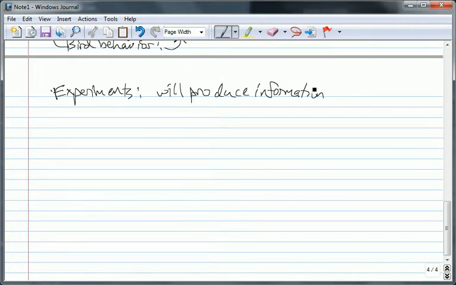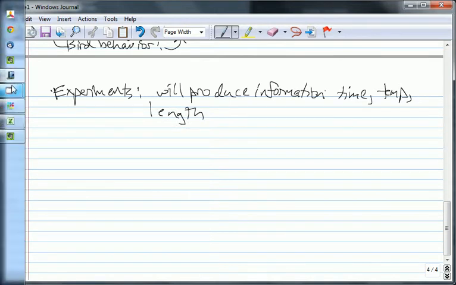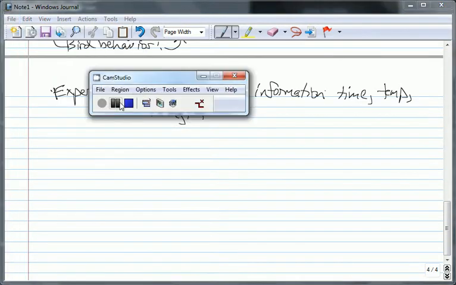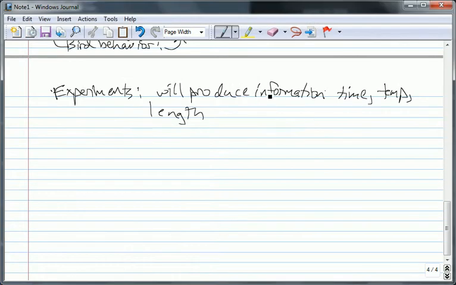This could be time, this could be temperature, this could be length. Time, temp, length. We could also do things such as mass or area or volume. We could also get information on behavior, stuff like that. Those are all kinds of pieces of information we get.